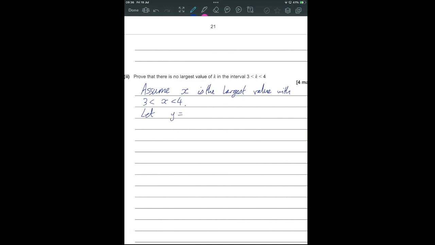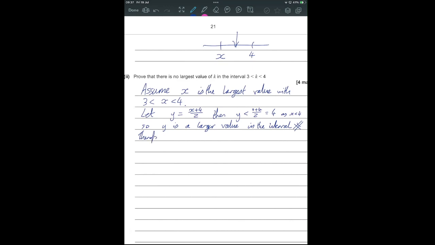Let y, well, this time 4's up here, x is here. Let's take y to be the middle, x plus 4 over 2. Then y is less than 4 plus 4 over 2, which equals 4, as x is less than 4, so y is a larger value in the interval, which is a contradiction because we assumed x was the largest.